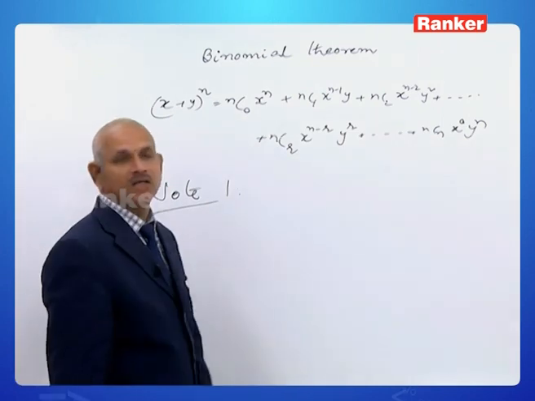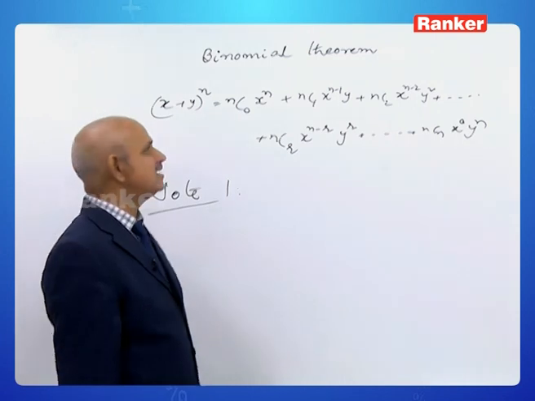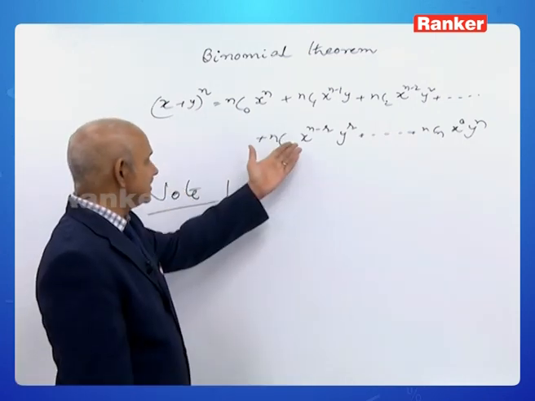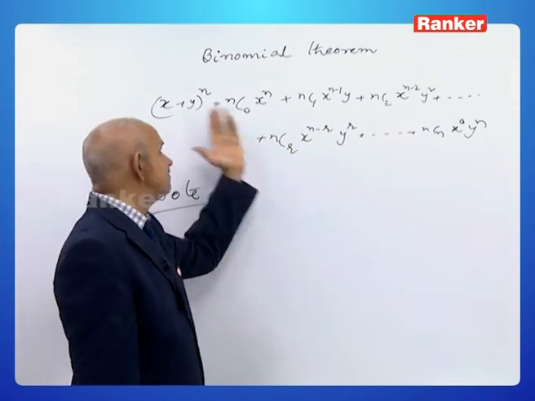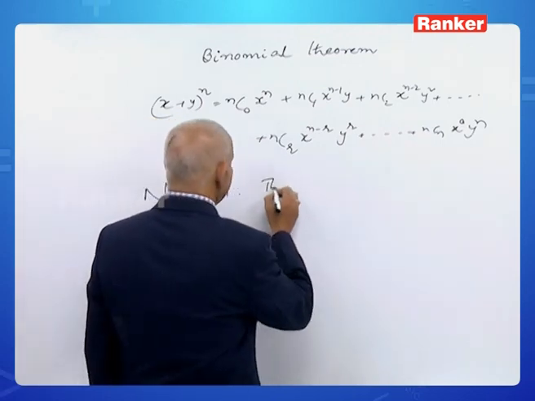The first thing is, how many terms are there in the RHS of the statement? Hereafter we call this the expansion of (x plus y) to the power of n.